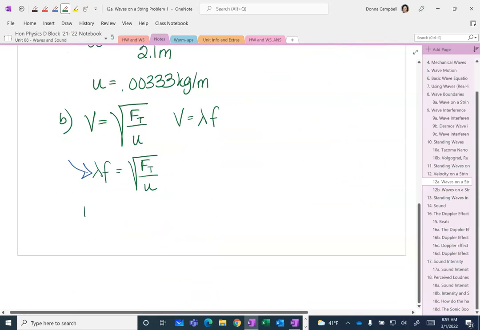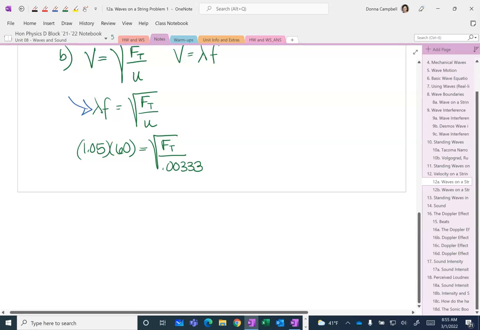So the wavelength is 1.05. The frequency is 60. We're looking for the force of tension all over 0.00333. I would square both sides, then cross multiply, and I wind up getting 13.2 newtons is equal to that force of tension.